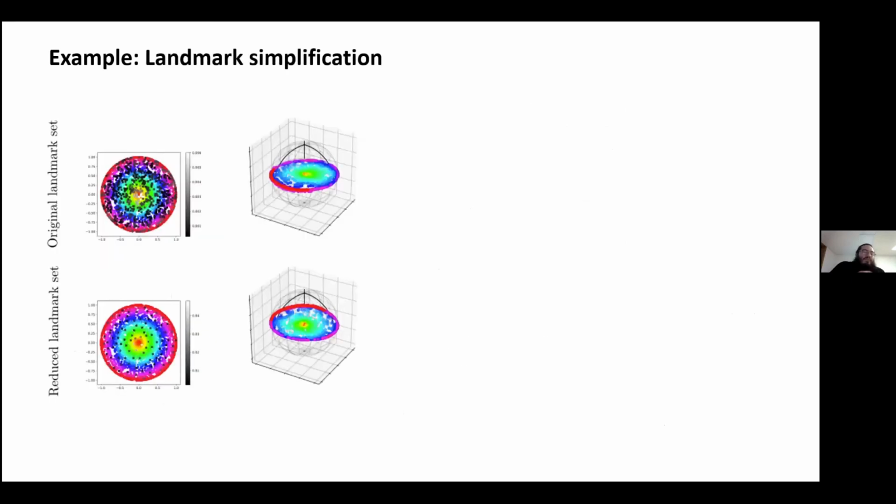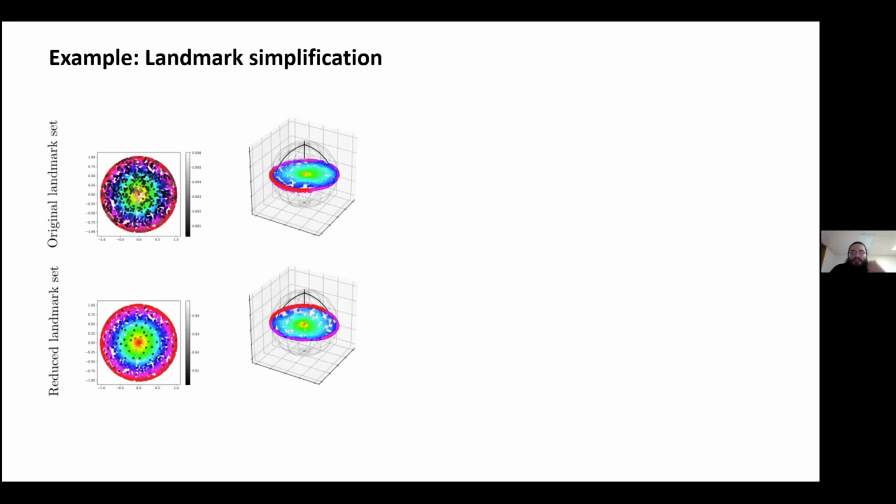And where could we use this stability, for example? Let's say that we start with a huge landmark selection and we would like to reduce the size of the landmark set. We can do it like this: take your landmark set, do some clustering, and replace each cluster of landmarks by its center of mass, and weight that center of mass by adding the weights of all the landmarks in the same cluster.